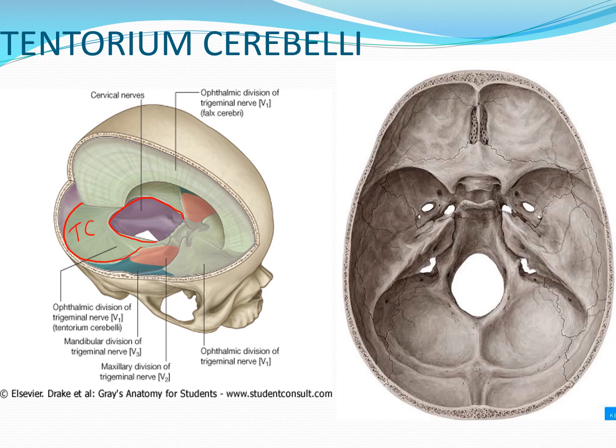As you can see here, this is the anterior clinoid process. I am talking about this margin, the free margin of the tentorium cerebelli. It is attached from one anterior clinoid process to another anterior clinoid process.